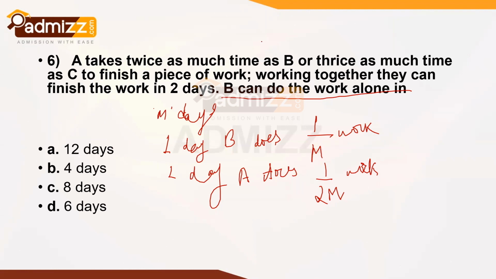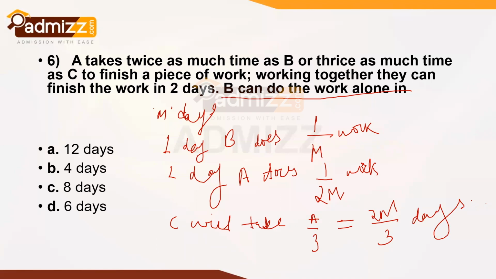So in this case, what we can say is that C will take 2M by 3 days, right?